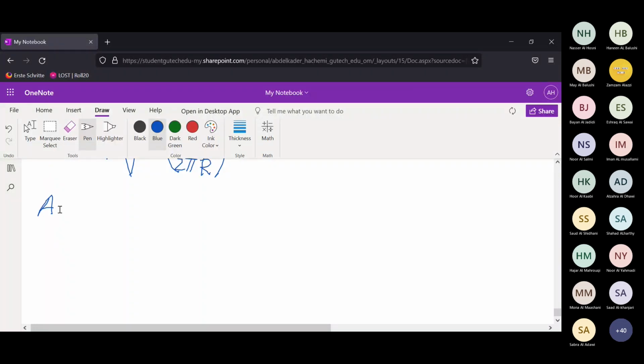The acceleration vector follows the same principle. I write the acceleration a as a function of time t.